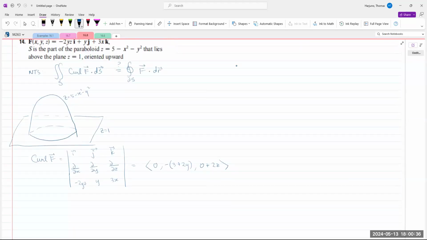Now the surface S is normal to the vector 2x, 2y, 1.